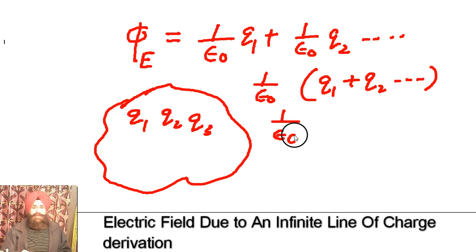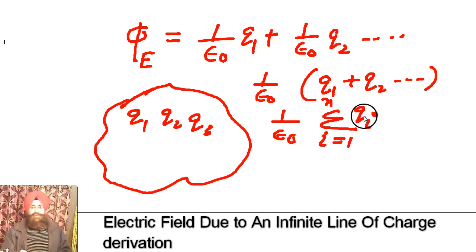So you can say 1 upon epsilon naught, summation over i equals 1 to n of Qi. That means the sum: first of all Q1, then plus i equals 2, Q2, then i equals 3, Q3.